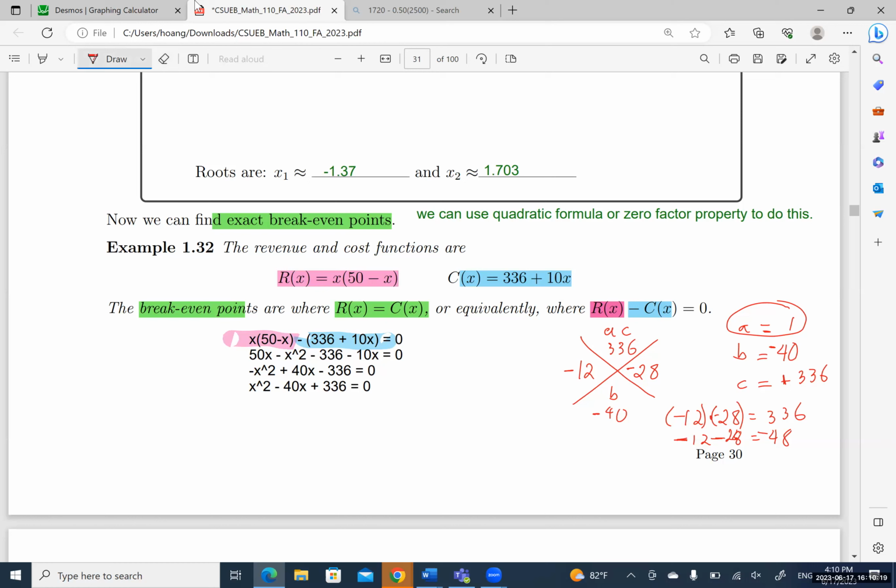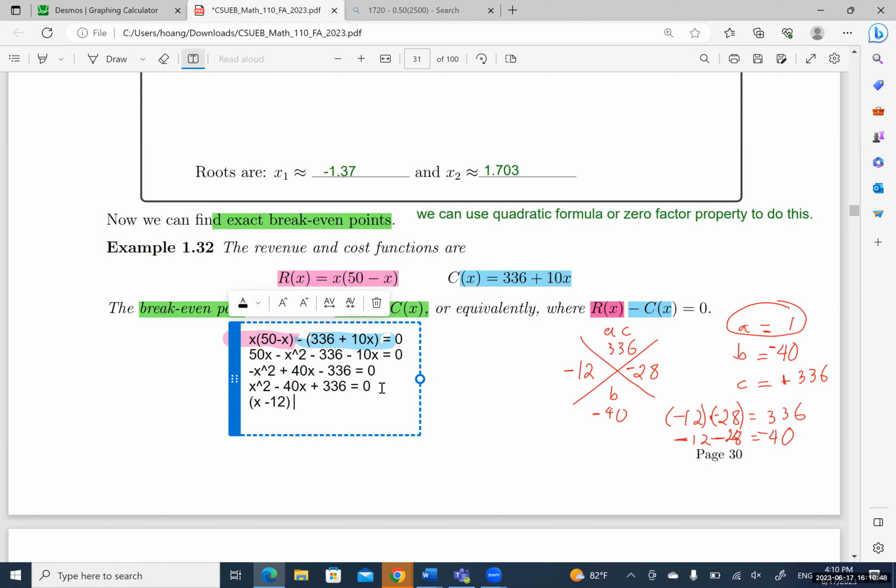Okay, so that's satisfied. Because we have A equal to 1, I can right away make my quadratic expression in factored form as x minus 12 times x minus 28, which equals 0, right?